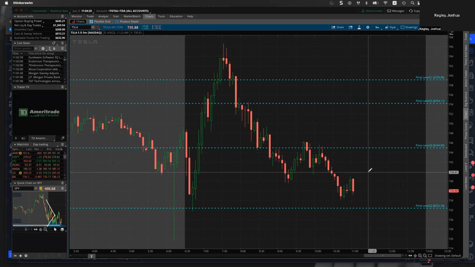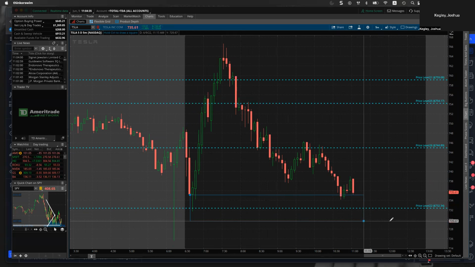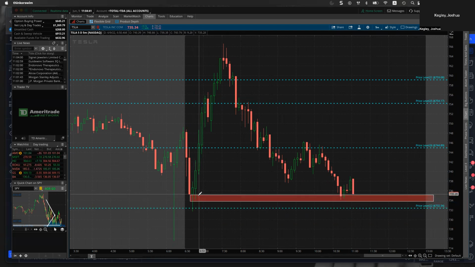So the big difference, like I said, supply and demand is the candles that you mark prior to a big move. So this right here is considered a big move up. So your supply zone would be this area all the way down to the wick. It wouldn't allow me to do it, so that's why I couldn't.